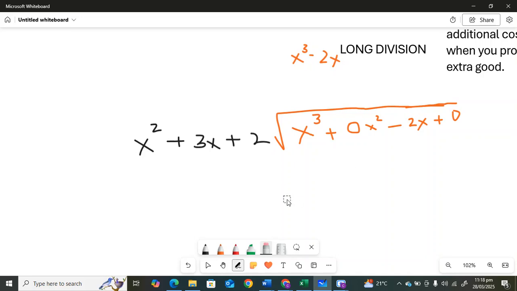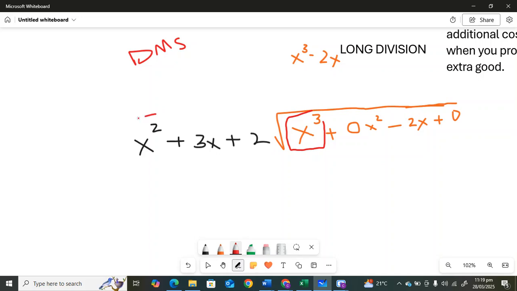So we're going to begin the division. Now remember, the process is just simple: divide, multiply, subtract. That's the process that's going to be going on here. Divide, multiply, subtract. Divide, multiply, subtract. So what are we dividing? You get the first term here, this x cubed.